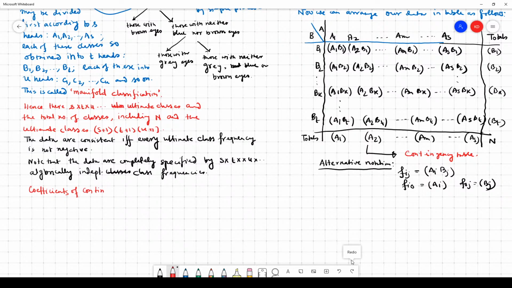Okay, I'm telling that because this is a two-way classification, we need a contingency table for representing the joint frequency as well as the marginal frequency. But if you have a one-way classification, then you just construct a frequency table.